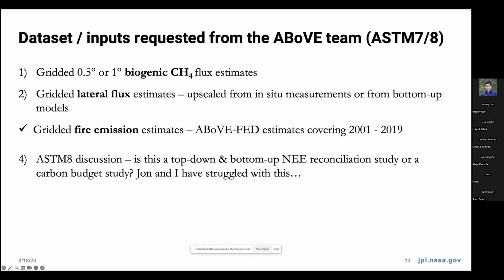But from a science perspective and from the ABoVE community perspective, what would be more interesting is a full end-to-end carbon budget. John and I have gone back and forth on this, to be perfectly honest, a lot, and that is reflected in the long delay with this paper. I'm more than happy to discuss this. Maybe there are two studies that can come out of this, but we should certainly have a discussion around this at the end.